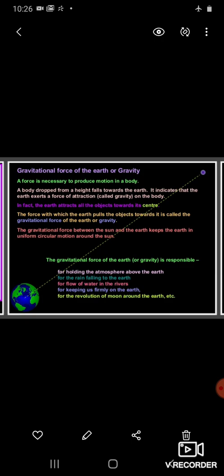The gravitational force between the sun and the earth keeps the earth in uniform circular motion around the sun.